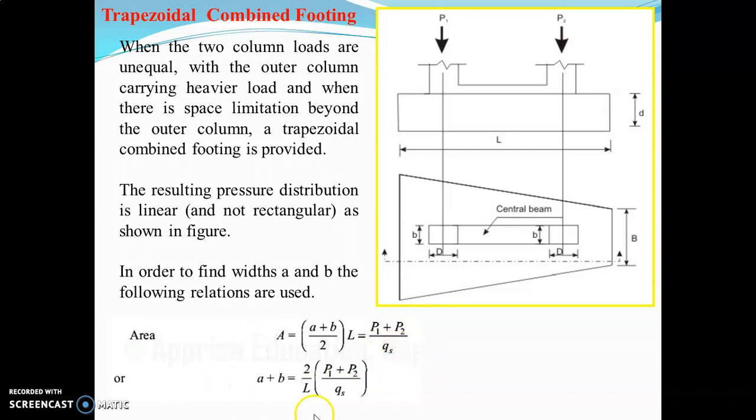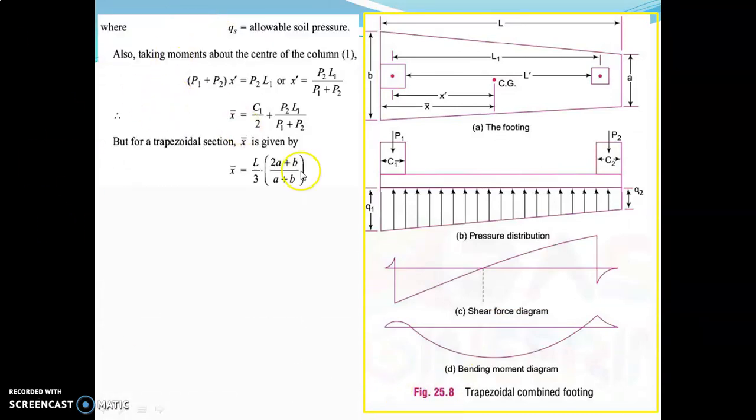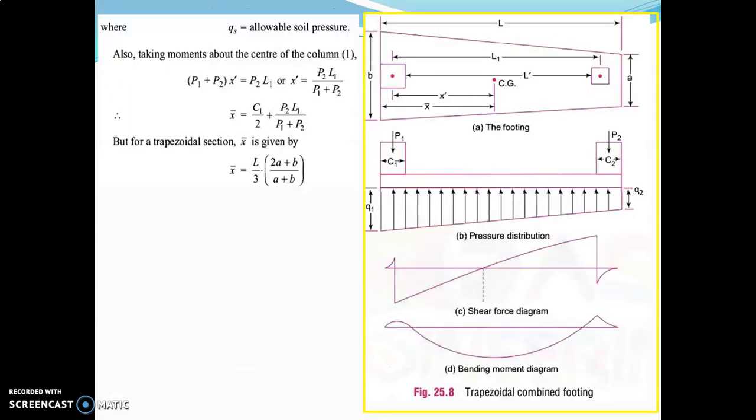So using this relationship you can find A and B, where qs is the allowable soil pressure and P1 and P2 are the loads acting on columns 1 and 2 respectively.